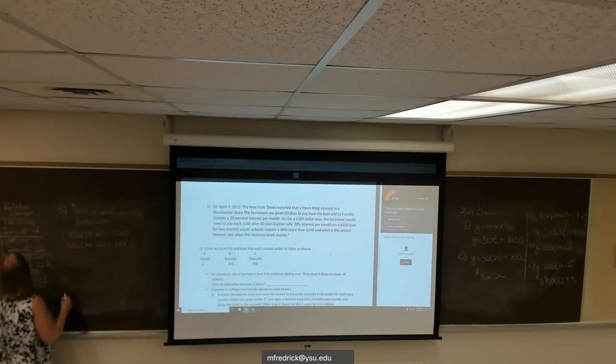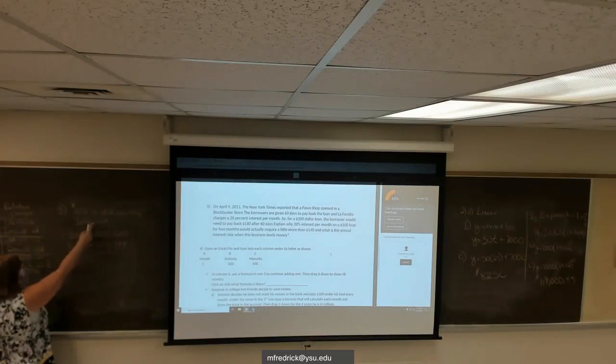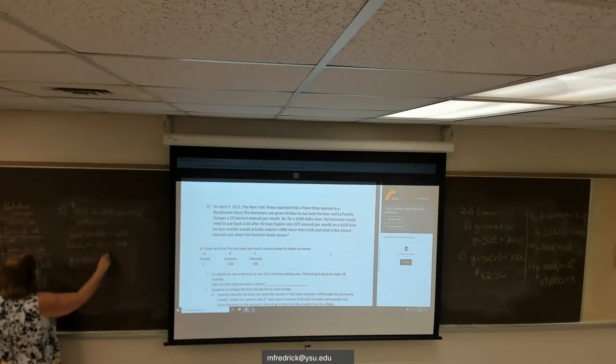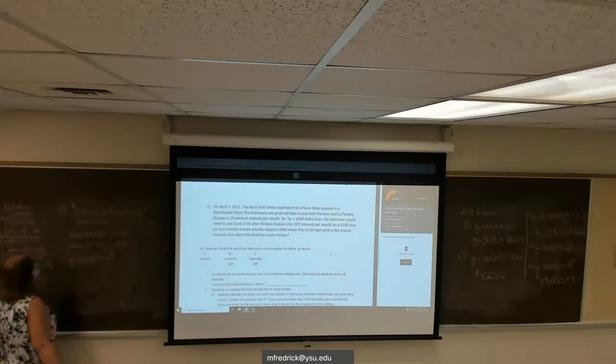You could have also used our formula for exponential because interest is exponential. Starting amount was 100, 1 plus our 20% to t, and then t would be a 2 because it was 2 months.